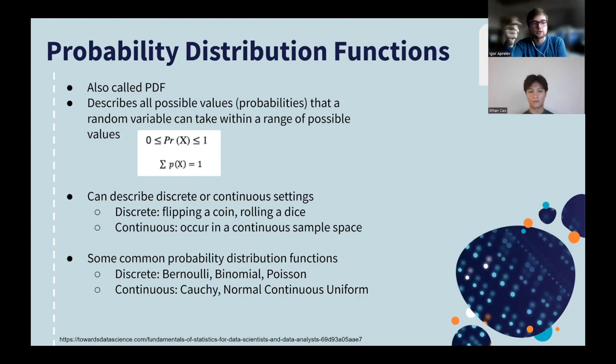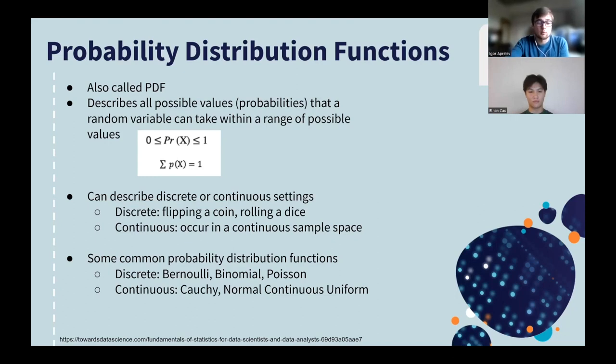Whereas a continuous probability distribution function is quite literally occurring in a continuous sample space, and oftentimes you'll see these modeled with integrals and derivatives. You have to use some calculus with continuous PDFs.